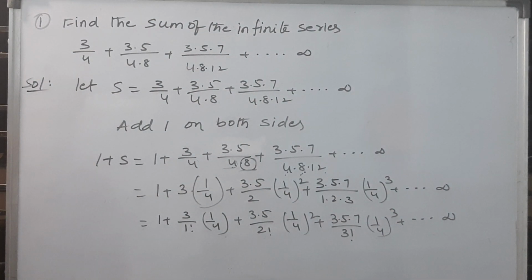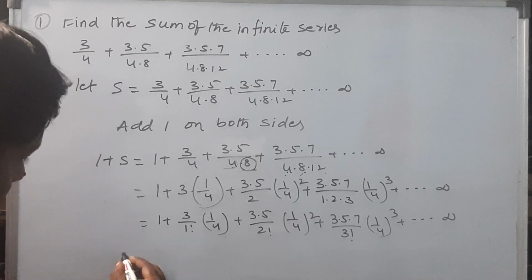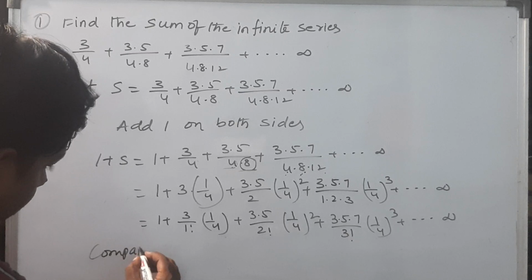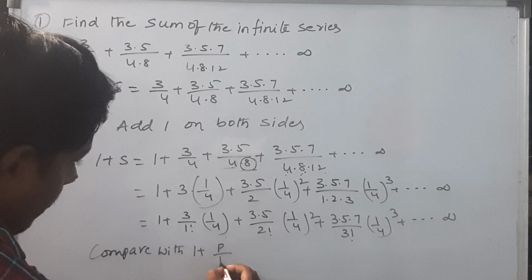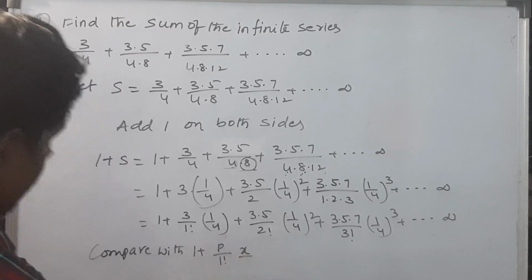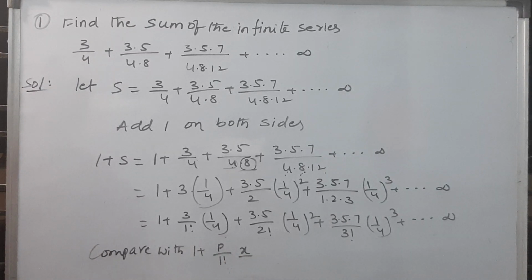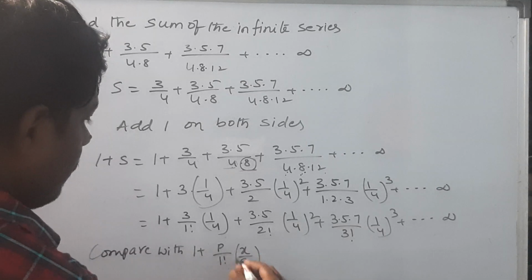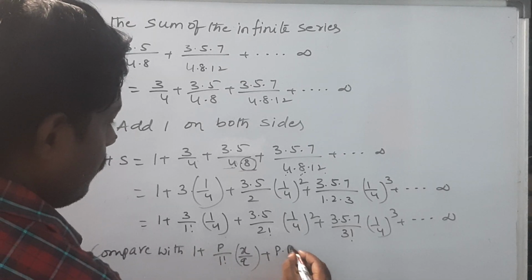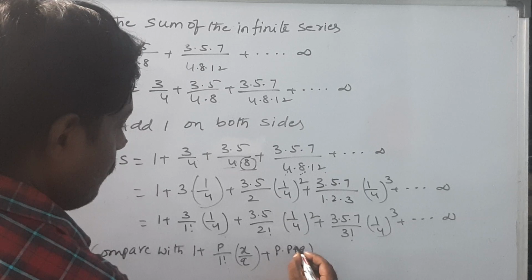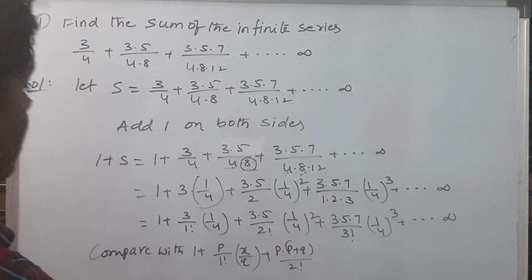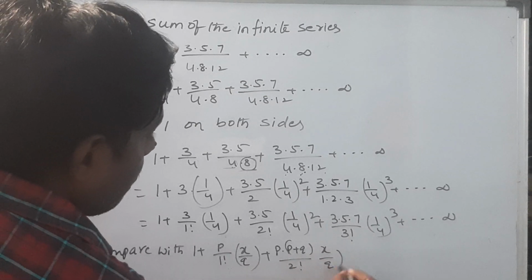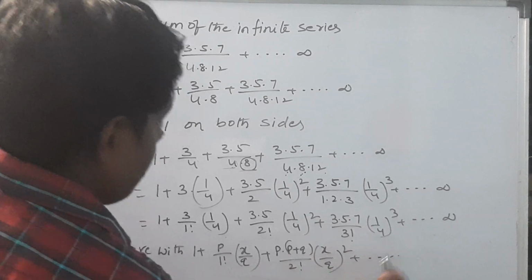Now this can be compared with 1 plus p by 1 factorial into x by q plus p into p plus q by 2 factorial into x by q whole square plus and so on.